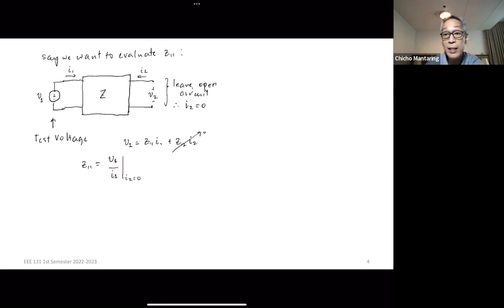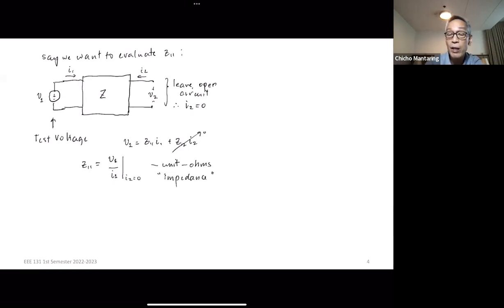The units is ohms. And that's why we call it an impedance. And we call it open circuit impedance because to determine any particular quantity of Z, you have to have one side or the other side left open circuited.